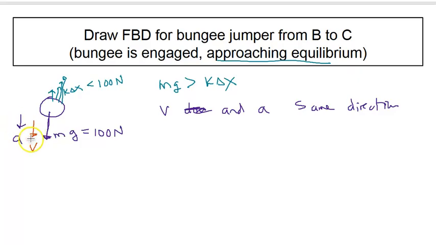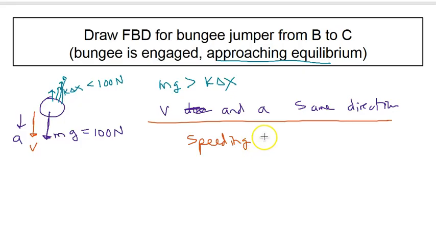So the velocity vector is getting a little bit longer each time because V and A are in the same direction, so they're speeding up. But since the forces are getting closer to balance, the acceleration vector is actually shrinking with time.